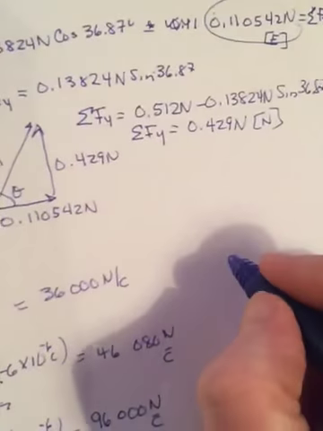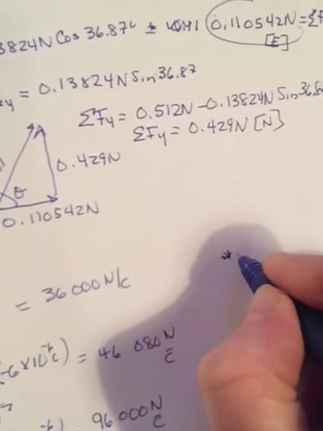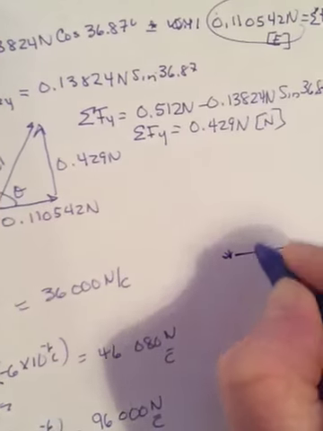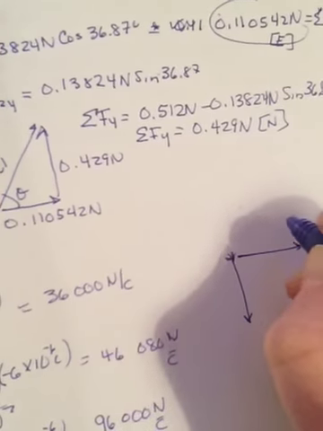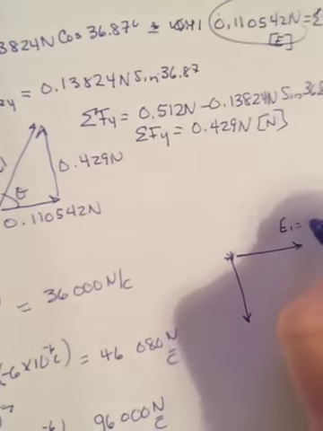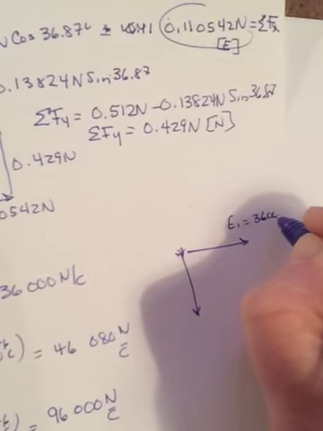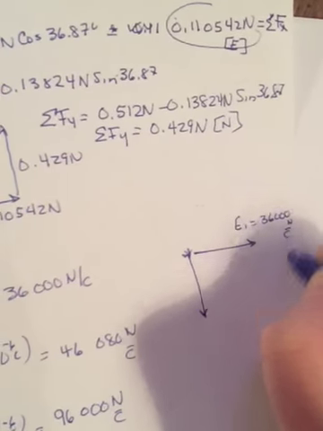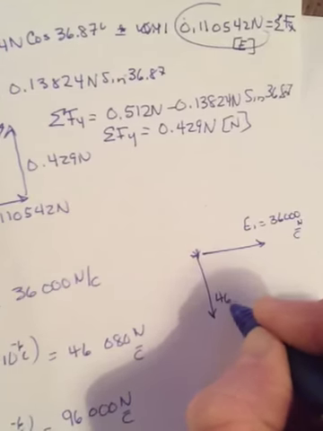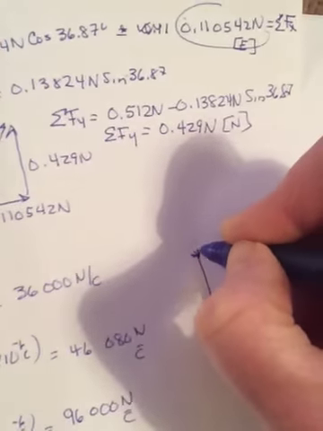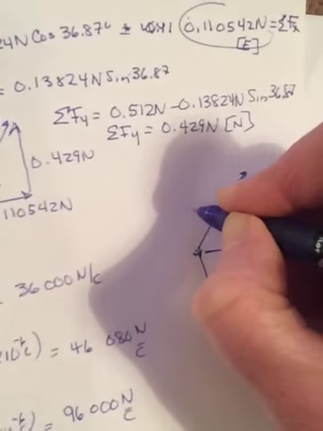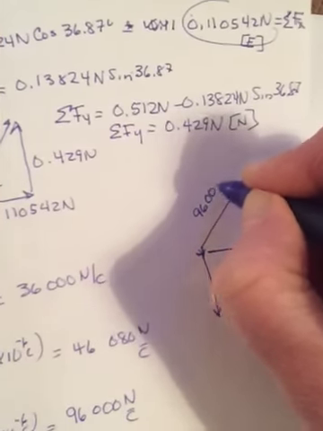Okay, so redrawing that down here just so that we can work with it. So we had 1 going out this way. We had 2 going down this way. So this was E1, 36,000 newtons per coulomb. And this was 46,080 newtons per coulomb. And then this was 96,000.